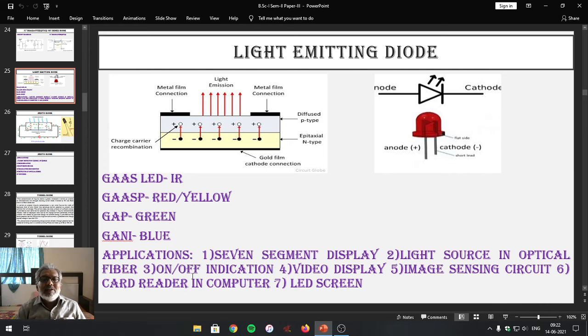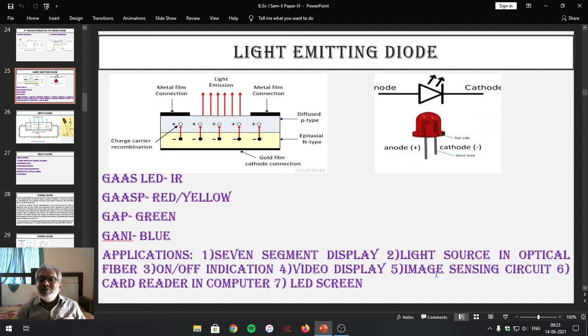So that is indicated by the LED. It is also used for video display. LED screens are available nowadays on which we can see different kinds of videos. So that is a display for which LEDs are used.